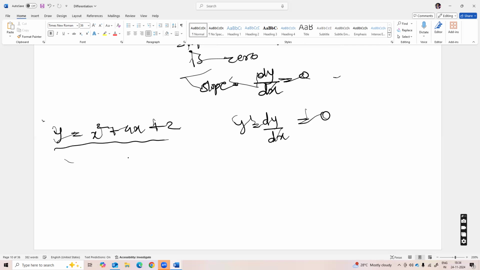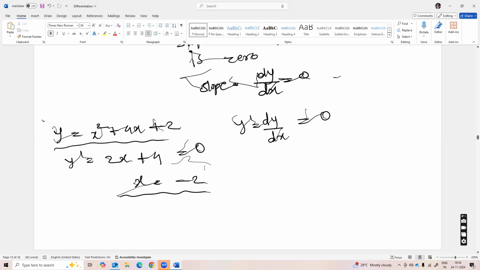So its derivative y dash is 2x plus 4, and now we equate it to 0. So we will get x is equal to minus 2. So x equal to minus 2 is the point of maxima or minima.